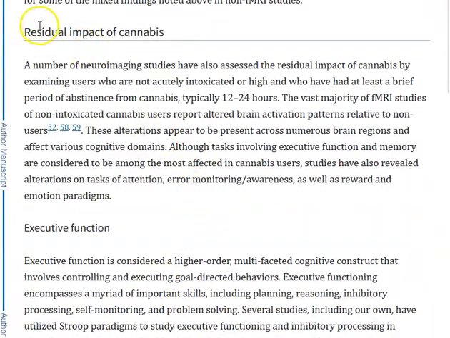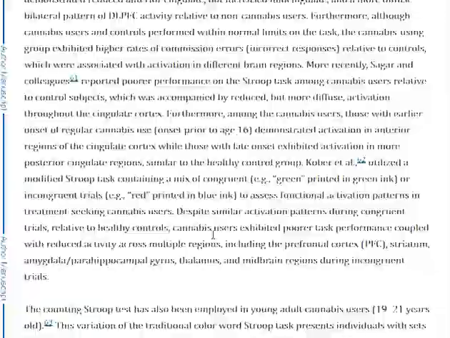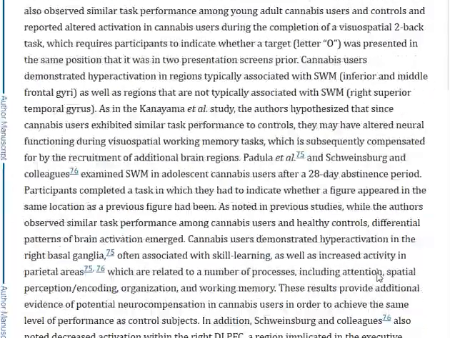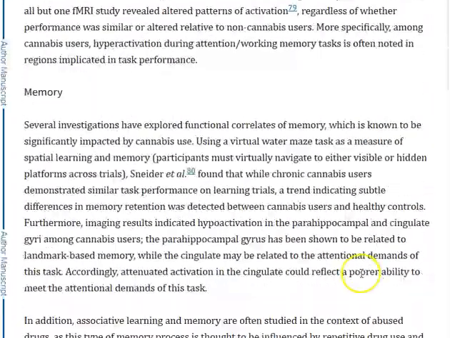And then there's a spot that is residual impact of cannabis. If you want to Control-F, just look up residual impact of cannabis and you can go right to it. You can read the section on executive function, a few paragraphs. The other one is attention and working memory, again a few paragraphs.